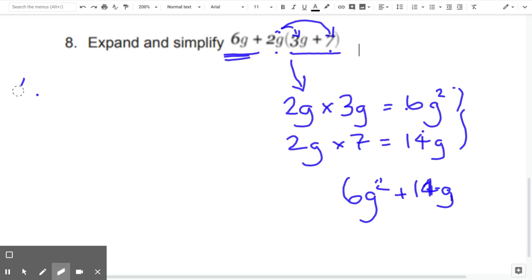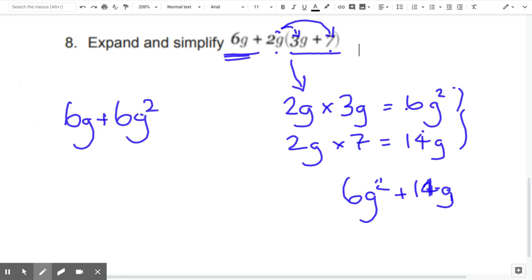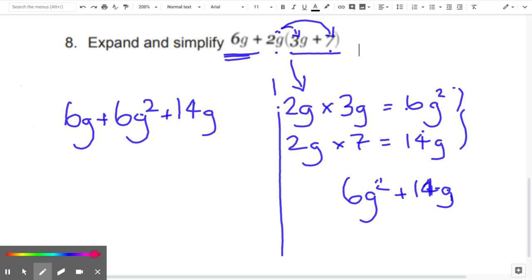So if I just go to the left hand side here and rewrite this properly, we get a 6g plus the expanded out bracket, which is 6g squared plus 14g.